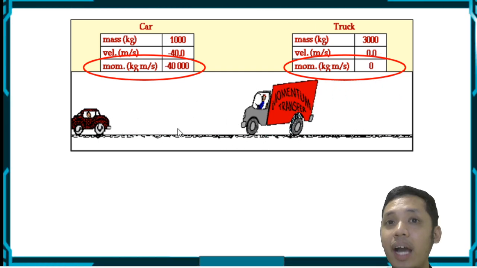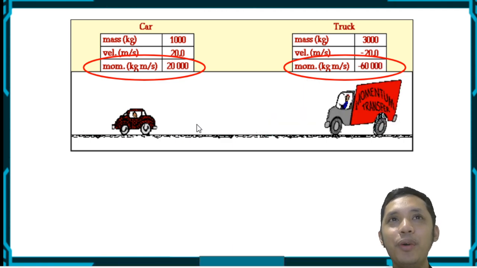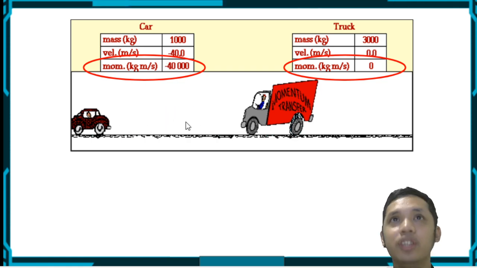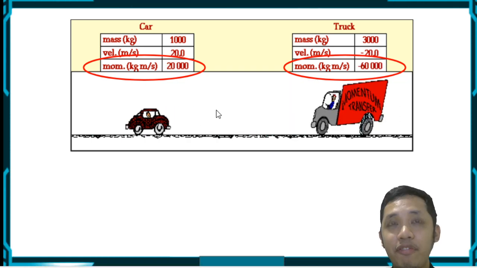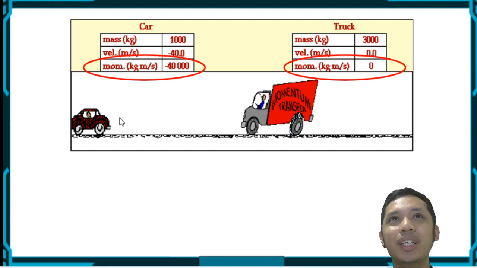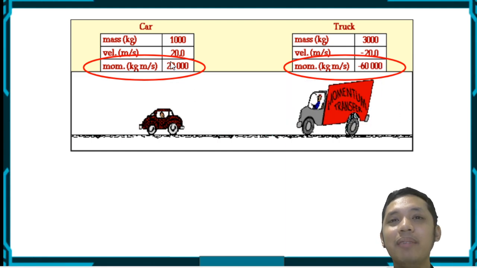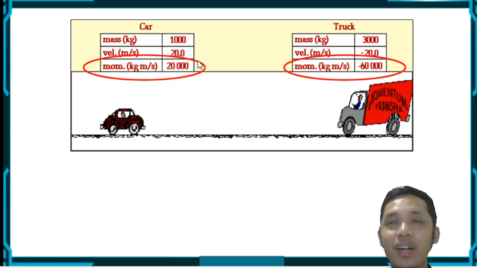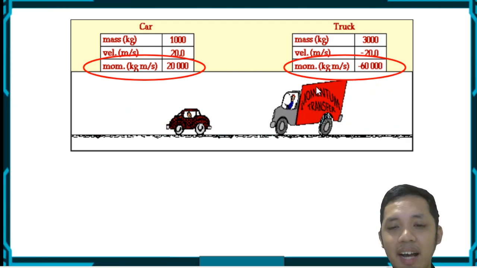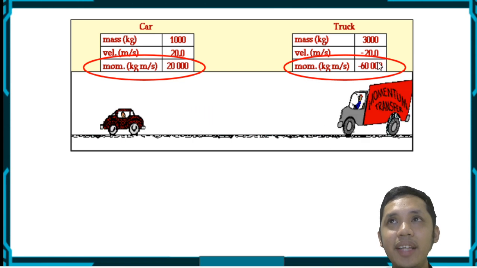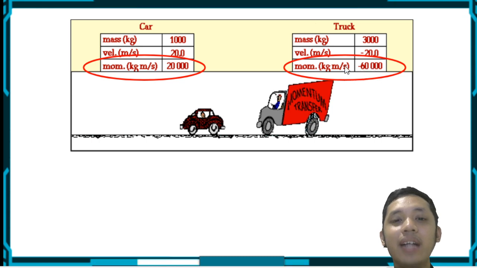And to identify that, we have to know first the momentum of each vehicle. So, the momentum of the first vehicle before the collision is 20,000 kilograms meters per second. So, take note of that. And then, for the momentum of the second vehicle before the collision, that is negative 60,000 kilograms meters per second.